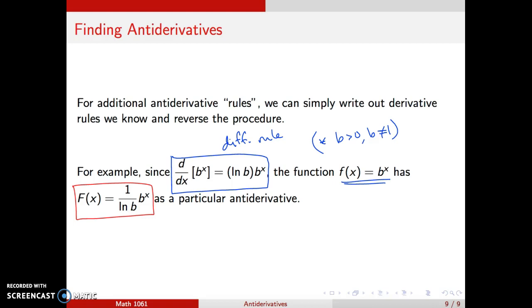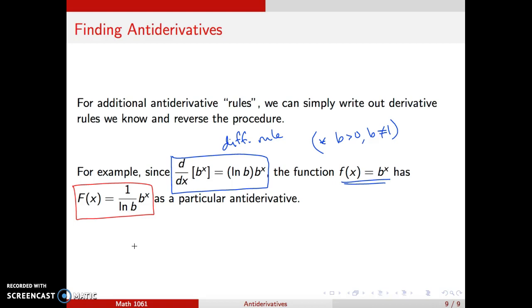So think about it this way: when we differentiate, we multiply by that factor. So if we're going to reverse the process to figure out an antiderivative, we would divide by it. Like I said, we'll learn more tools to come up with more of these formulas down the road. But for now, we're just taking that list of the very basic differentiation rules and flipping the direction, so working backwards.